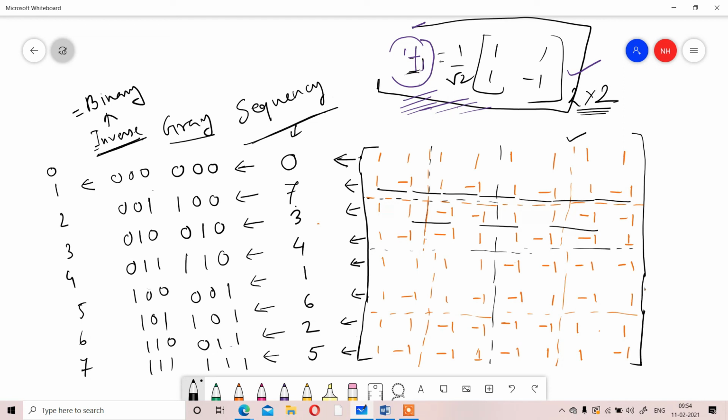That means whatever sequential order you are getting, if we represent it in gray level and make the inverse of the gray level, the order you get will be the binary representation of the natural order.